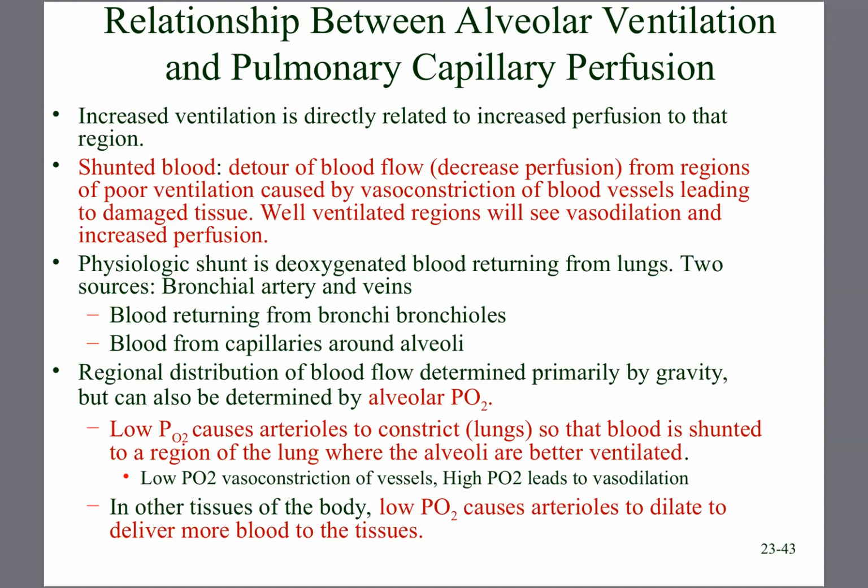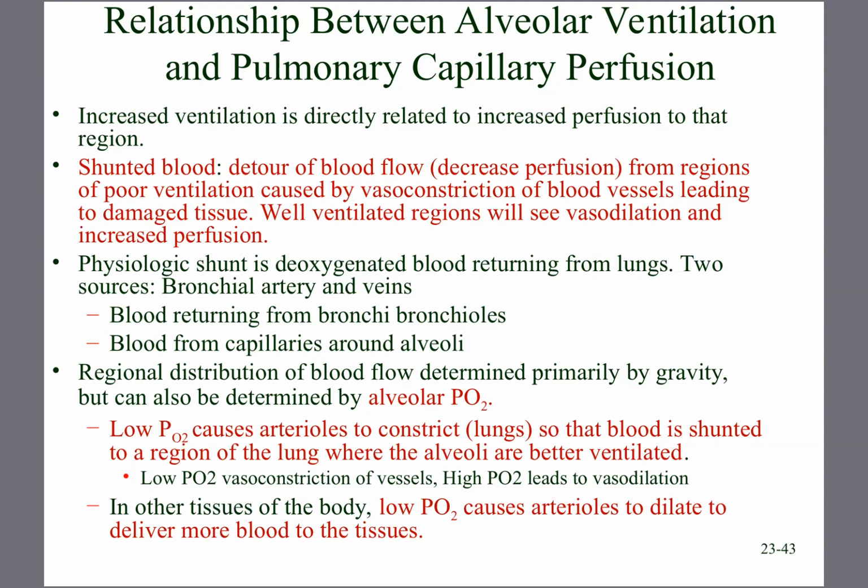When it does, it allows us to move that blood to the area that has better ventilation. Perfect. We bring blood to the area with a lot of oxygen, then we remove blood from the area that doesn't.